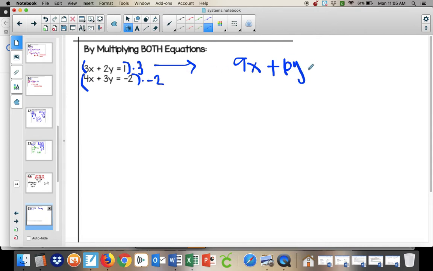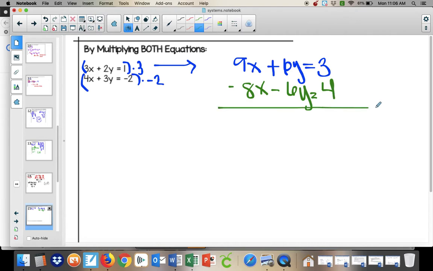And then 3 times 1 is 3. So that gives me my top one. Now when I take my negative 2, 4 times negative 2 is negative 8x. 3 times negative 2 is negative 6y. And then negative 2 times negative 2 is 4.